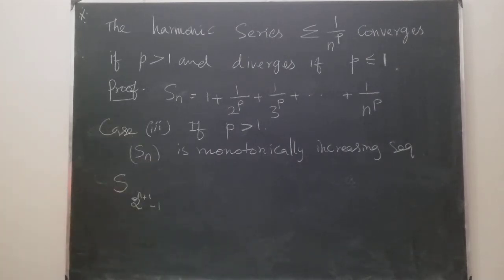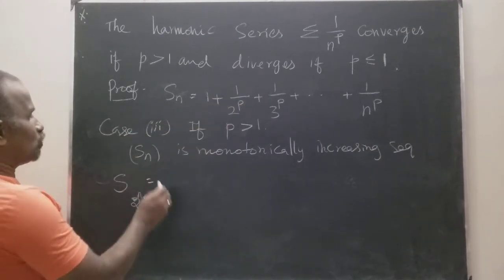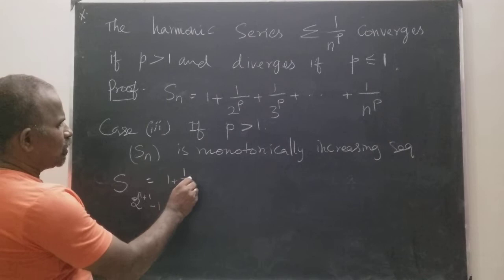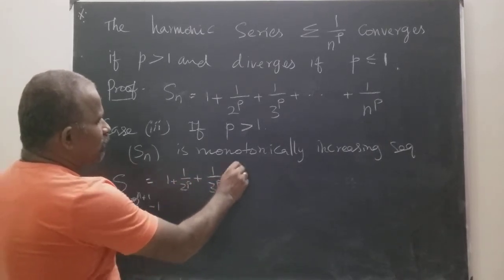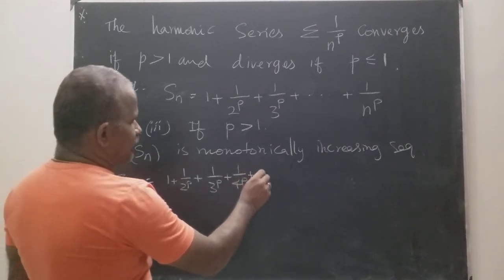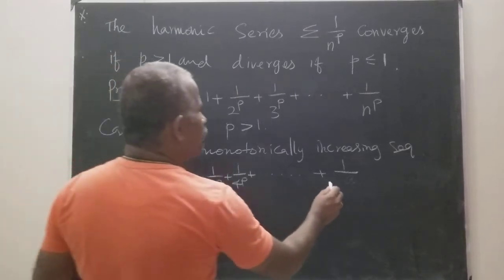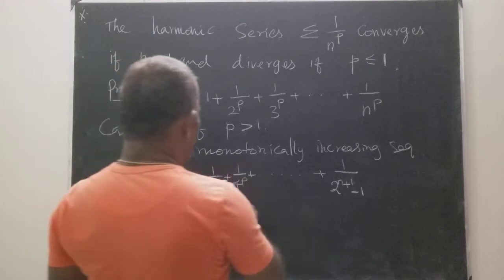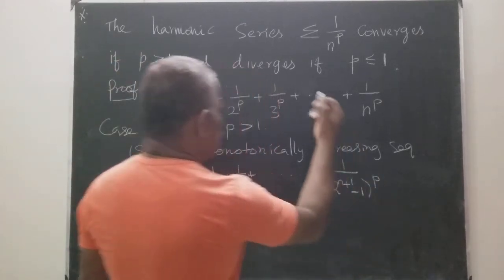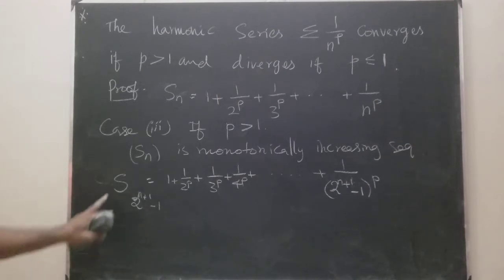This is equal to 1 plus 1 by 2 power p plus 1 by 3 power p plus 1 by 4 power p plus etc., plus 1 by the quantity 2 power n plus 1 minus 1, the whole power p. I will tell you why we are taking this.